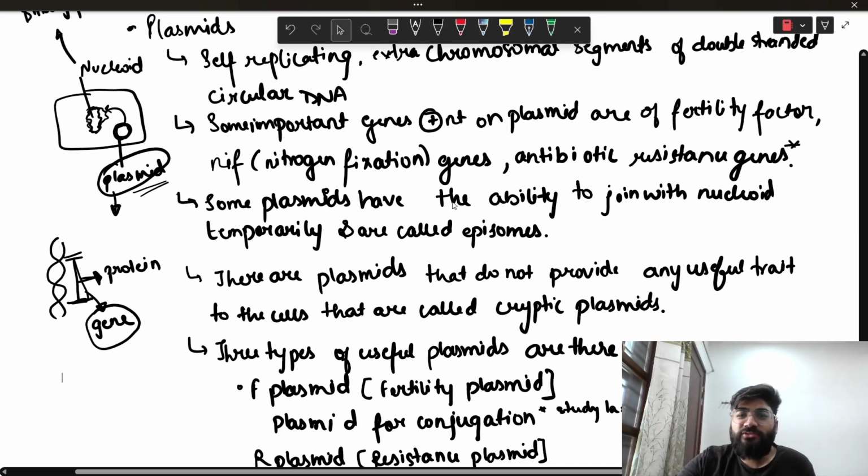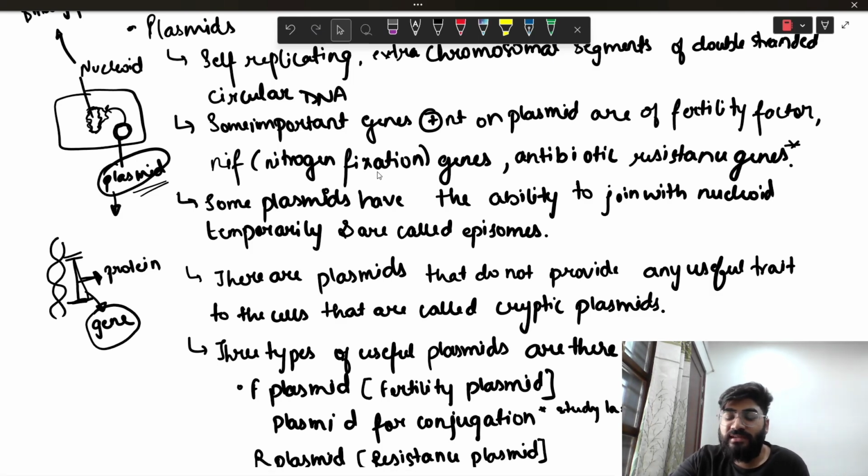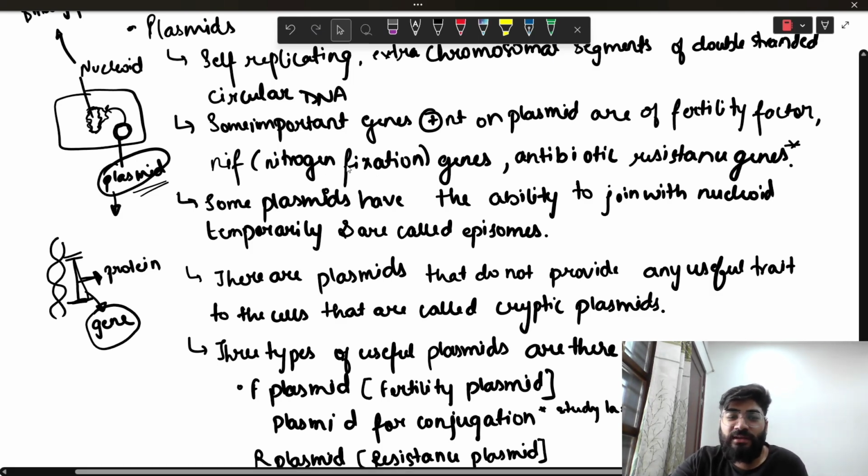Some important genes on plasmid are the fertility factor and NIF genes, such as nitrogen fixation genes. The nitrogen fixing bacteria that fix atmospheric nitrogen have the NIF gene present on their plasmid. Then we have the antibiotic resistant gene. We are going to talk about it later on.